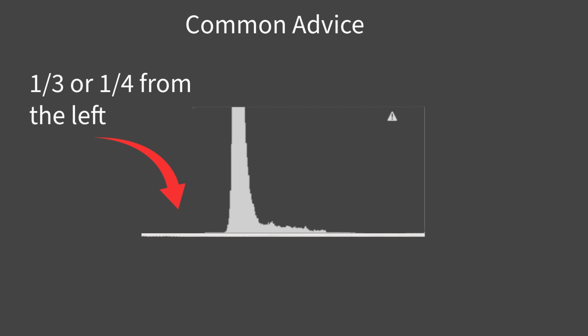That's great advice for daytime photos, but for night sky shots, it's actually holding you back. Why? Because nebulae are super faint. If your histogram is stuck on the left, you're underexposing, not capturing enough light. When you brighten the image later, you'll just be amplifying noise, not the nebula.